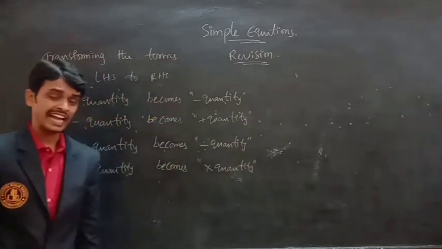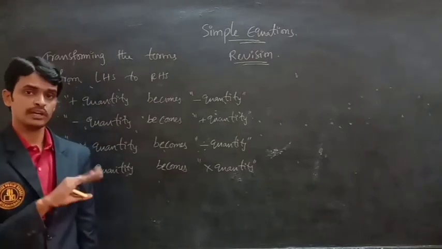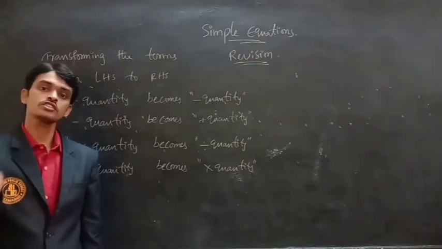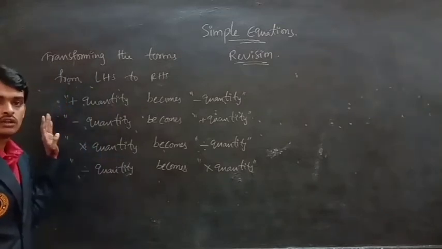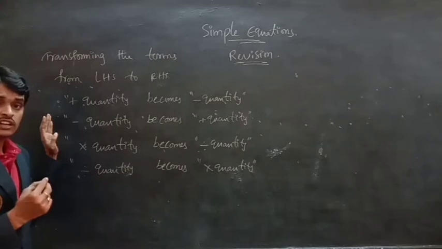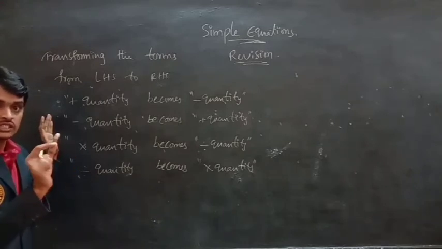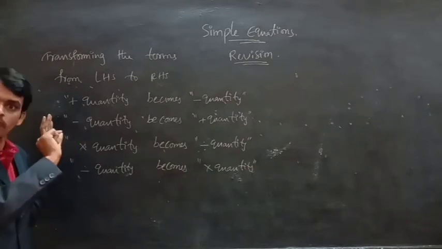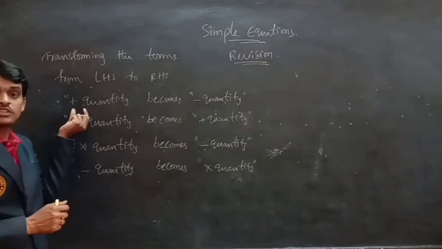So when we are transforming the terms from LHS to RHS or RHS to LHS, we should follow these changes. If we change the terms, the value of the equation will always be the same, but the quantity will be changed.